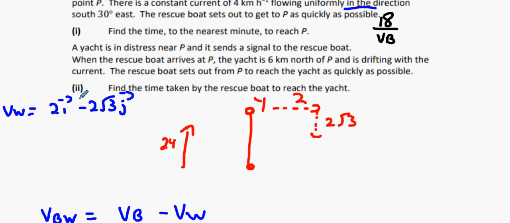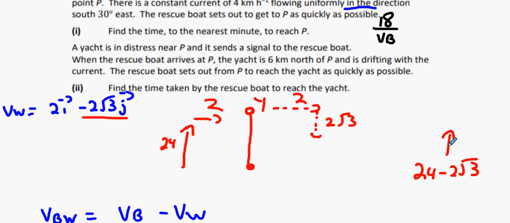What does the current automatically do to it? It automatically moves it 2 to the right and subtracts 2 root 3 from its upwards velocity. Does that make sense? So you're going to be going 24 minus 2 root 3 upwards, aren't you?